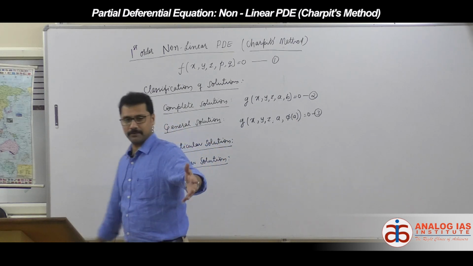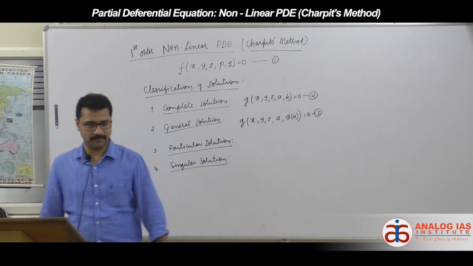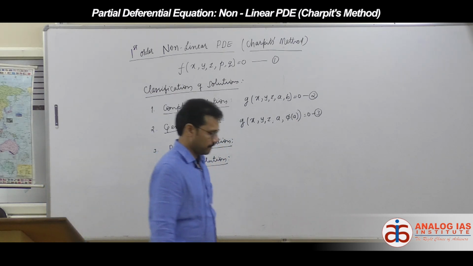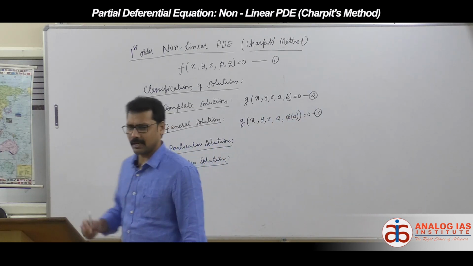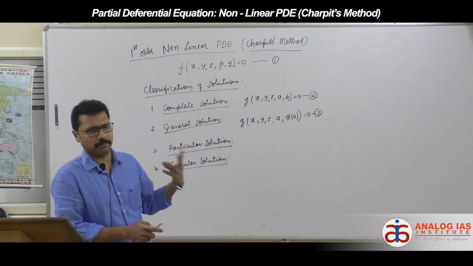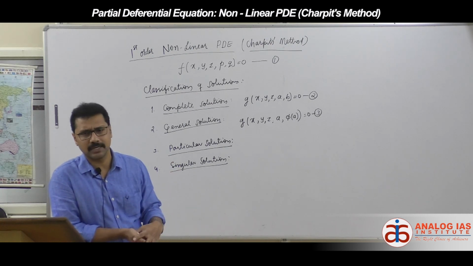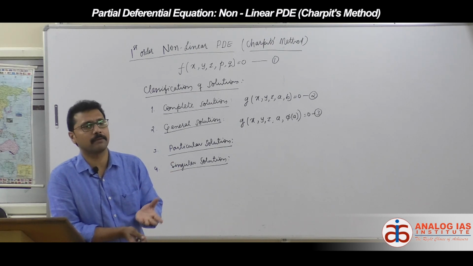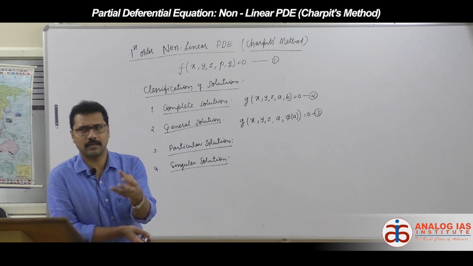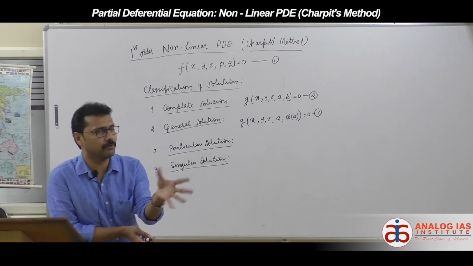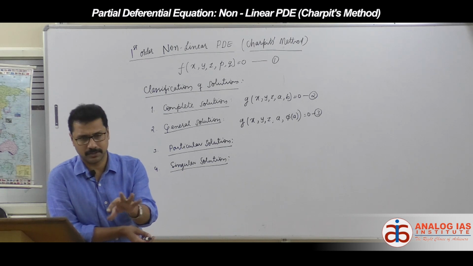In fact, this is the same definition I have given you even in ODE. But how is it that this solution, which does not contain any arbitrary constants, is in general not a particular case? When I mention that in general it is not a particular case, it means it is not a particular member of the family. Giving particular values to the arbitrary constants does not give you the singular solution.